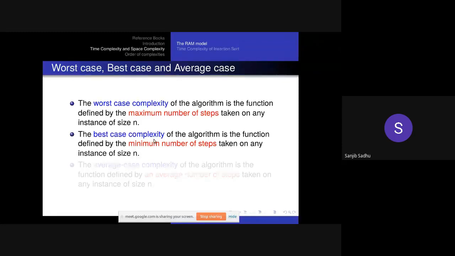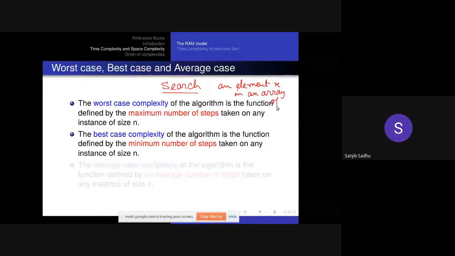For example, if you have to search an element x in an array of size n, what will be the worst case complexity?